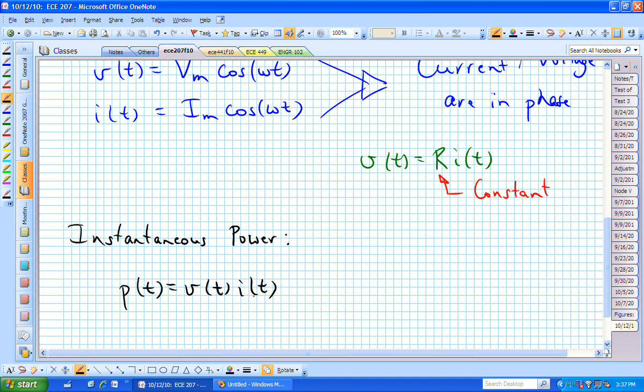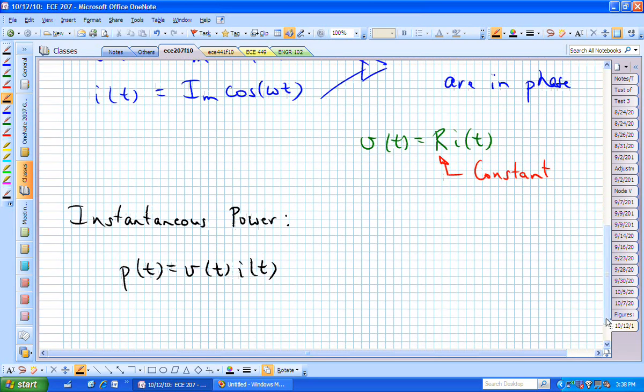Maybe the easiest to remember is V times I. If we take that and we already have V times I functionally up above, then we have their magnitudes, V sub m and I sub m, and we have the cosine of omega t in both pieces, which says that then we have cosine squared of omega t.